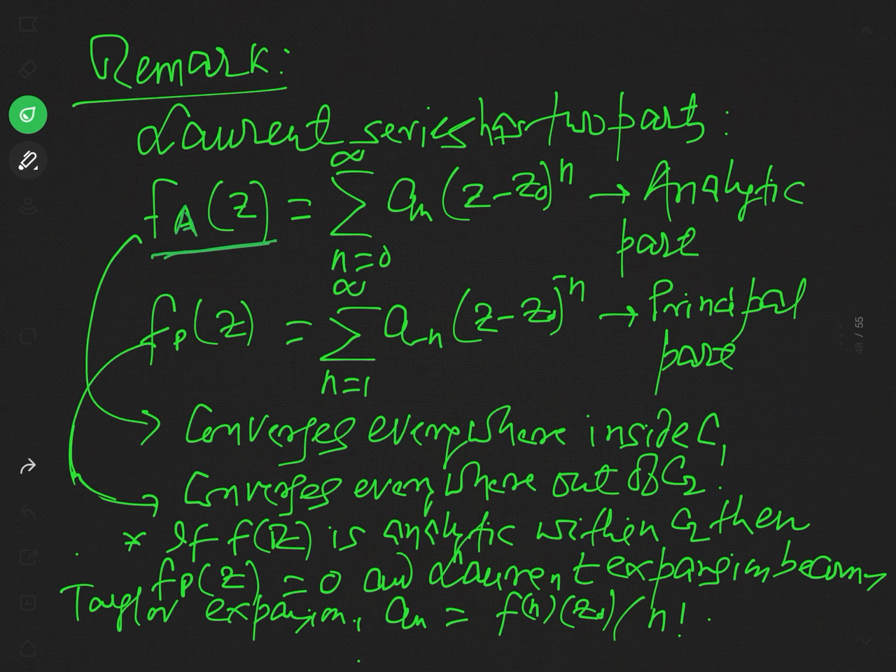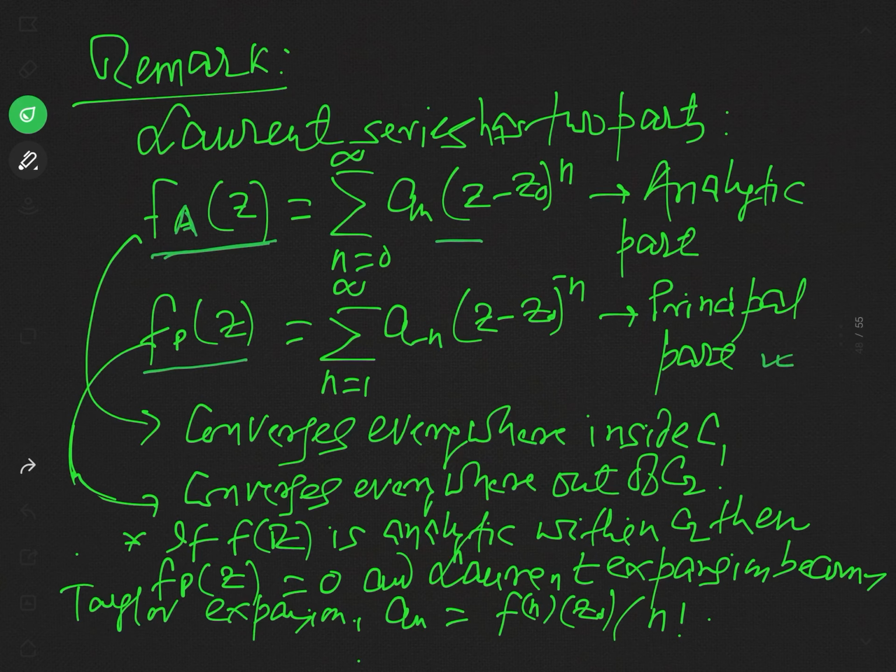This letter A stands for the word analytic, so this is called the analytic part of the Laurent series. And the second part is fp of z, which is summation n equal to 1 to infinity a minus n z minus z naught to the power minus n. This is called the principal part.